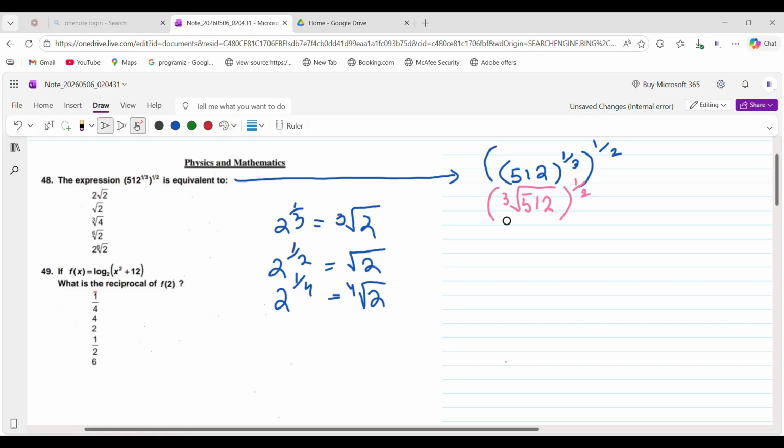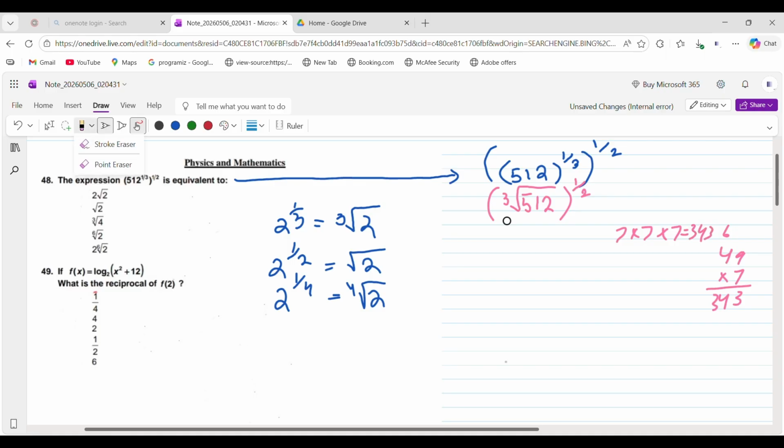So we have to go with 7 now. 7 into 7 is 49, and 49 into 7 is what? 7 9s are 63, and 7 4s are 28, 28 plus 6, 34. So 343. This cannot be our answer as well.